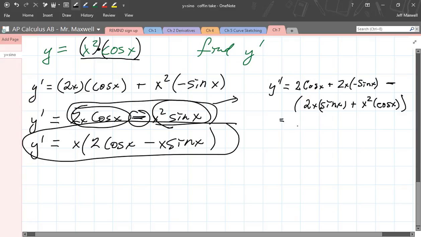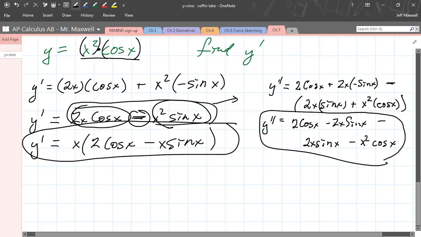So if we simplify this to cos x minus 2x sine x minus 2x sine x minus, if you distribute that negative sign here in the brackets, x squared cos x. And if there's anything in all four of these terms to take out, then you can do that, but you can just leave it like that too.